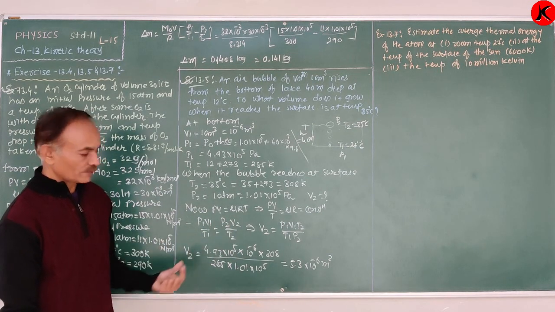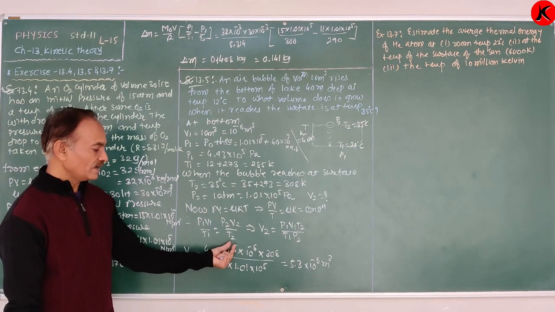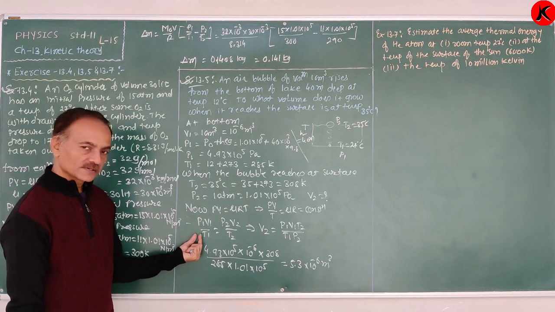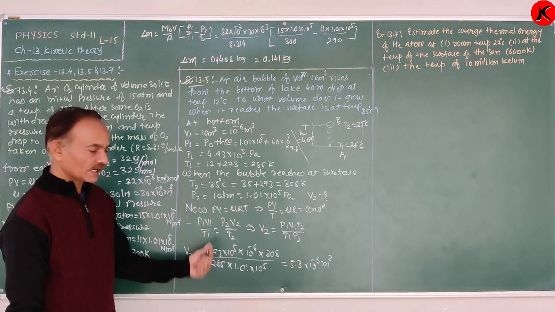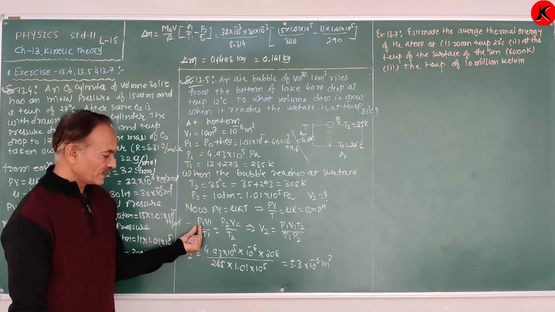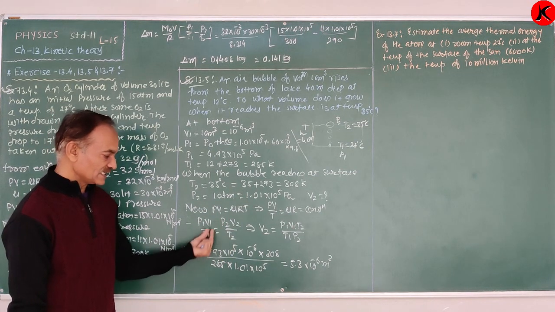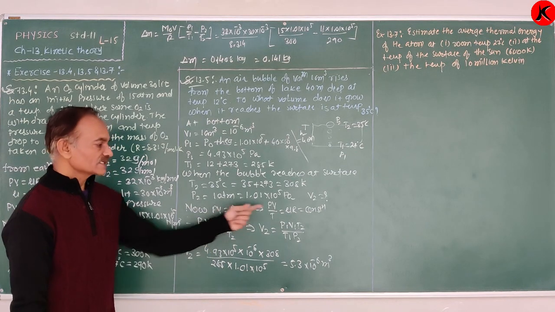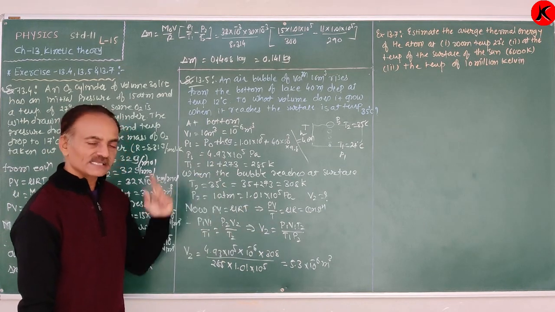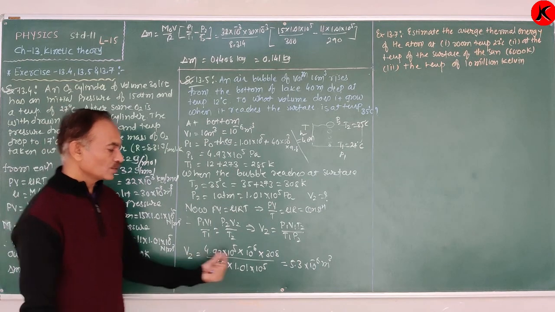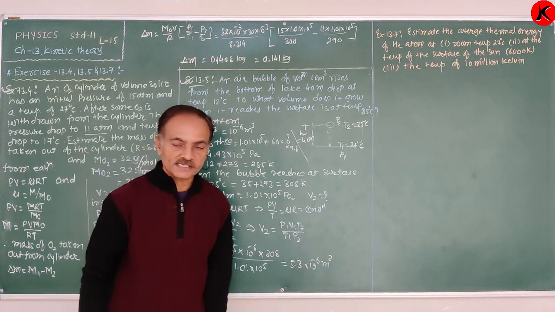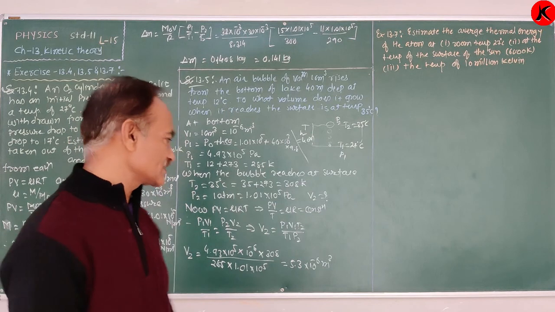V2 is equal to P1 V1 T2 upon T1 and P2. Substitute all values already mentioned here. Therefore V2 we obtain 5.3 into 10 to the power minus 6 meter cube.